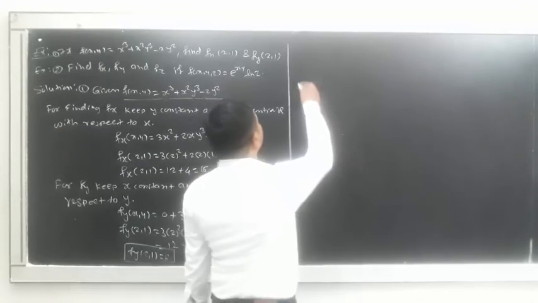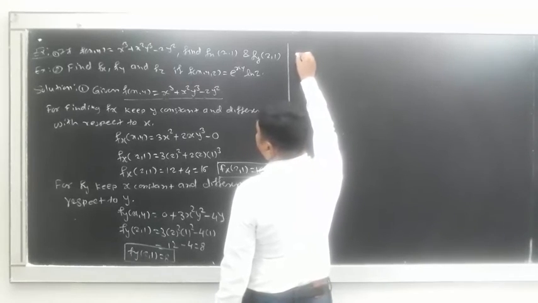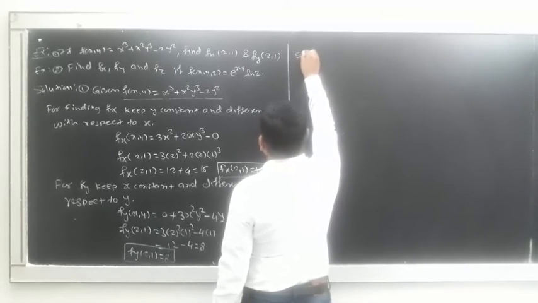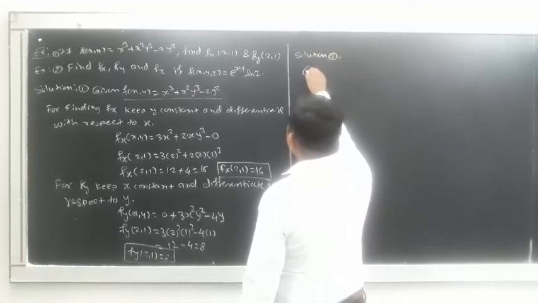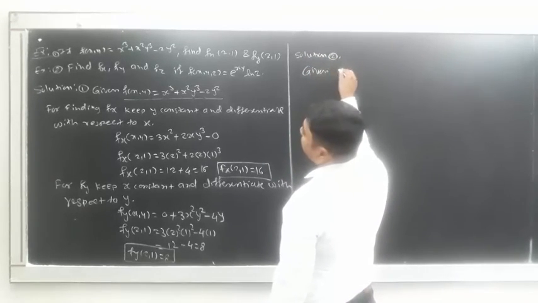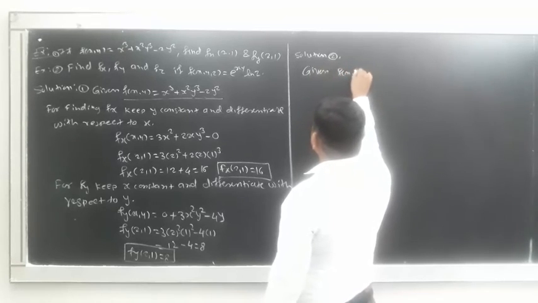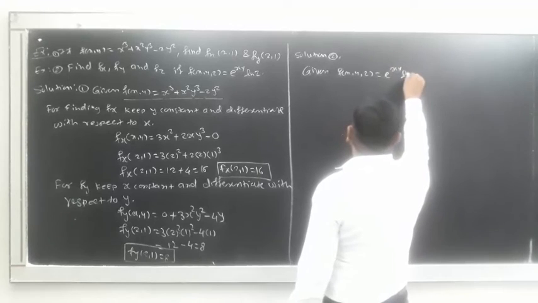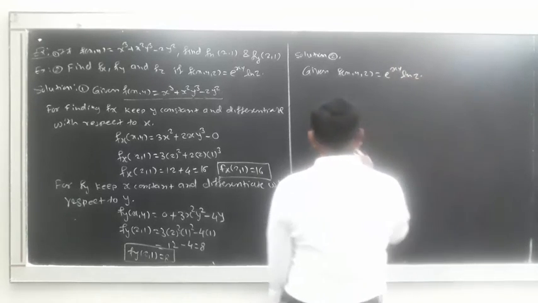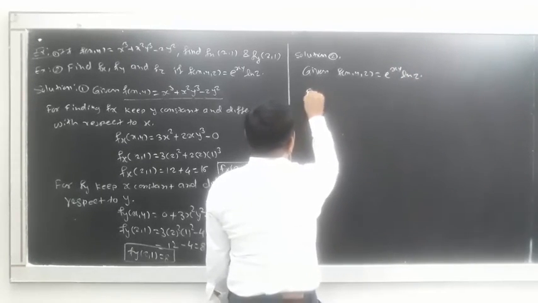Now we have to solve the second problem. So solution second. What we have given is f of x, y, z is equal to e raised to xy ln of z. Again, what we have to find, first fx.